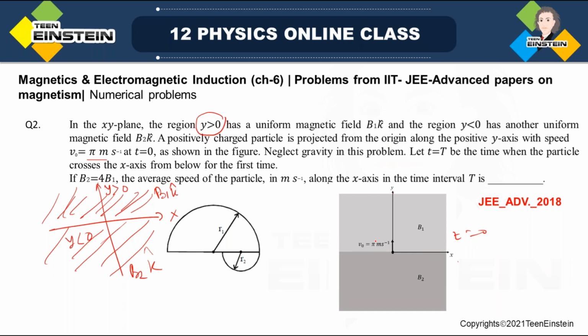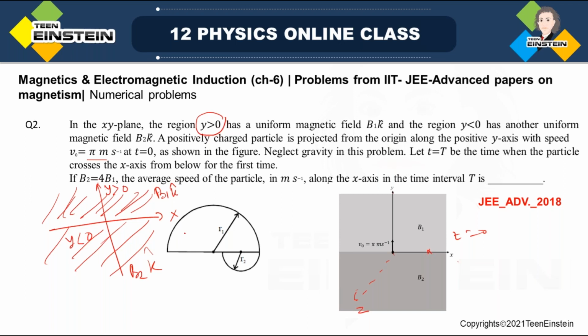Okay, now the thing is, neglect the gravity because it is a vertical axis. Okay, we can neglect that. So you know this is the z direction. Neglecting the gravity in this problem, let small t be capital T, the time when the particle crosses the x-axis below for the first time.